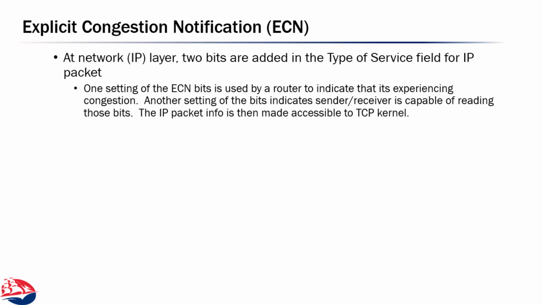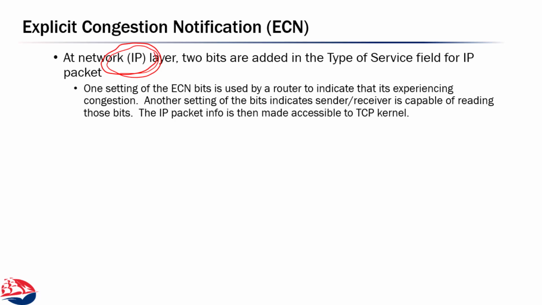And believe it or not, the last slide after a 50-hour-long lecture on TCP is at the IP layer. One of the things being proposed for very modern implementations of TCP/IP is called Explicit Congestion Notification, or ECN. This is trying to go to a network layer-based version of congestion control.